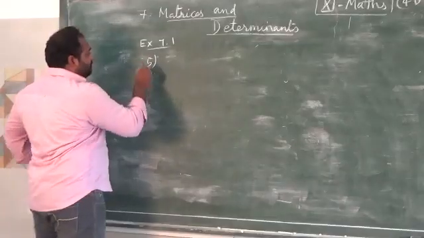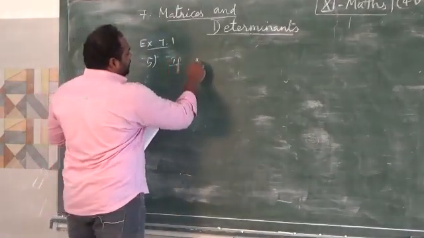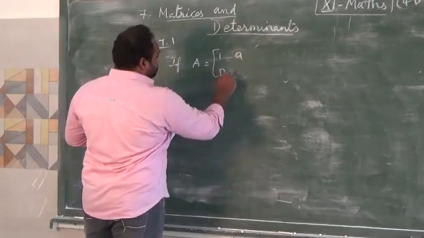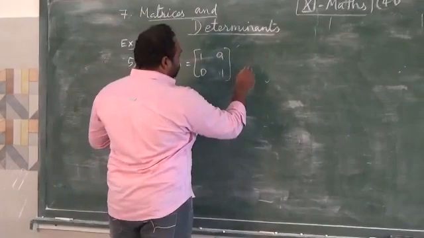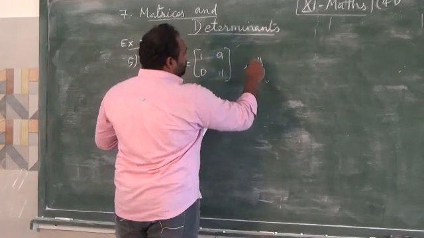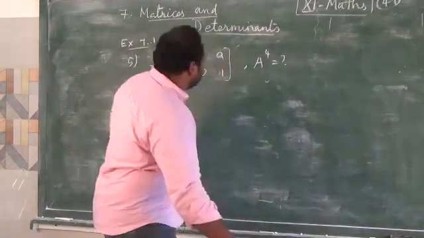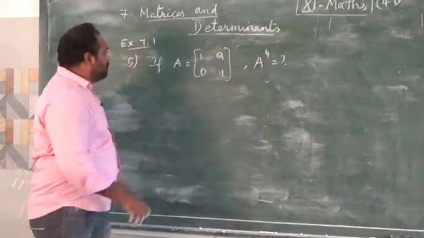Next, problem 5. If A equals the matrix 1, a, 0, 1, then compute the A power 4 value. Here the A matrix is given, they are asking to find out A power 4.